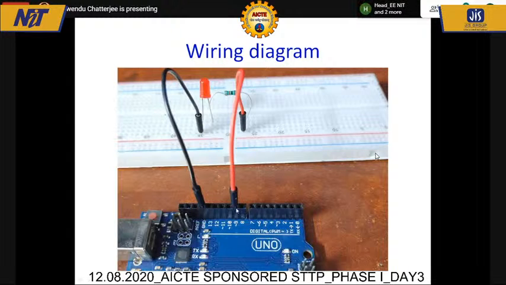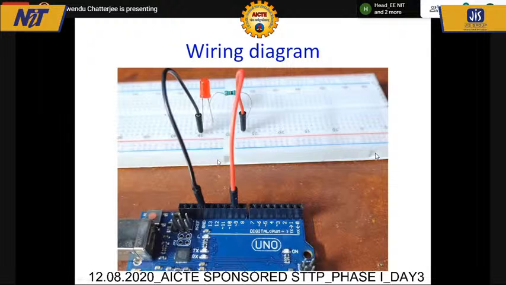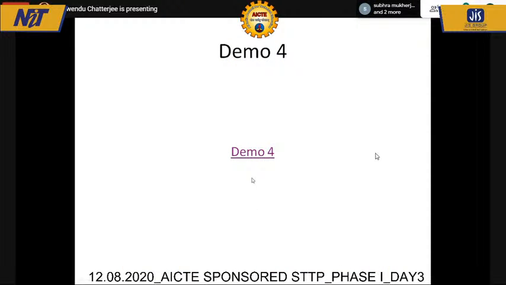This is the hardware circuit. Next, we will connect this USB socket to the USB of the computer, and then we will run the upload button so that the code is uploaded into this board. Let us see what happens.